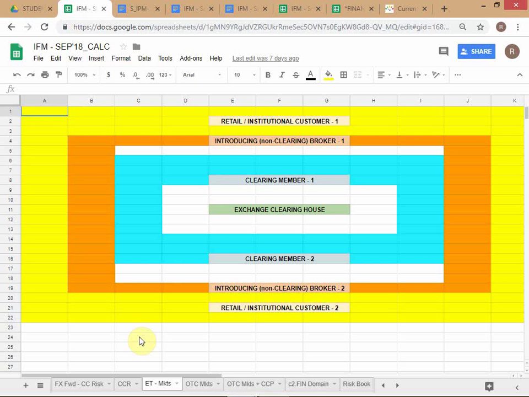So therefore, we will always look at every transaction as including all the elements. Even though the introducing broker may be part of a firm which is also a clearing member, we will always conceive of the transaction as being done first through the clearing member part of the firm, and then through the introducing broker part, and then you have the client at the end. Client could be institutional or retail. All right, everybody's clear about this?